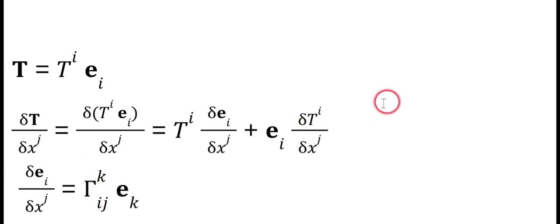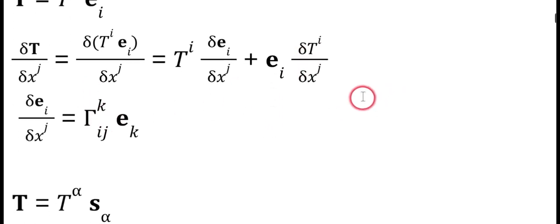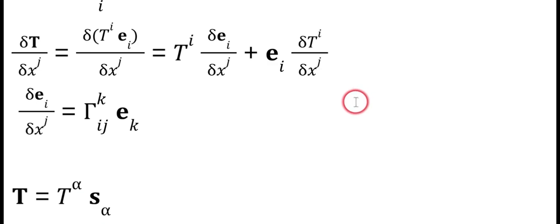In the book I'm using, Pavel Grinfeld's book, when he changes from the ambient space to the surface, he changes from Latin indices to Greek indices. So let's go look at what we're talking about.